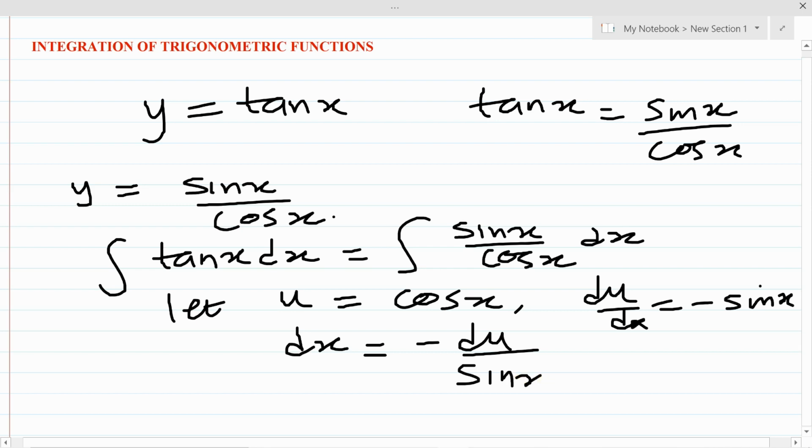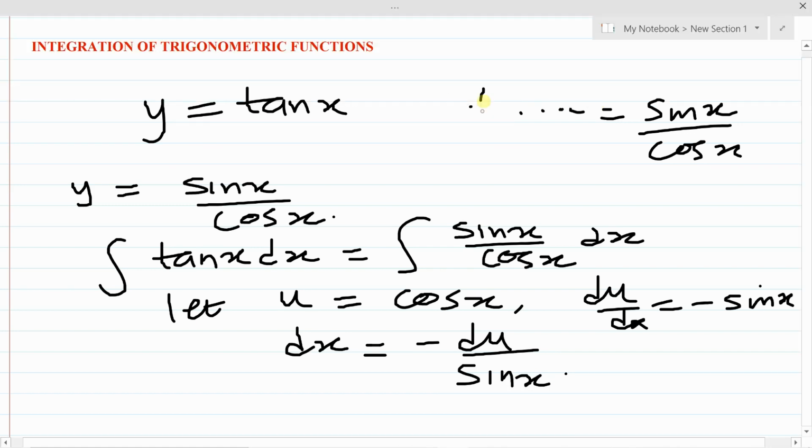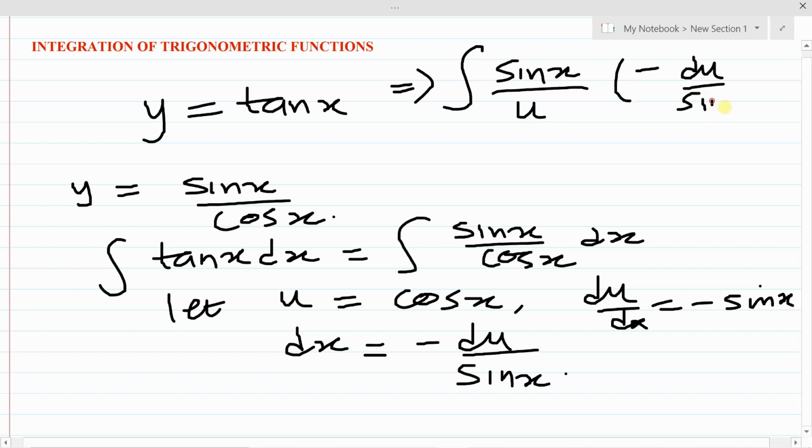With this, you place everything back in the integral. So this whole integral will be equal to the integral of sine of x over u, then our dx is negative du over sine x. Now this sine x can cancel and we'll get negative integral of 1 over u du.